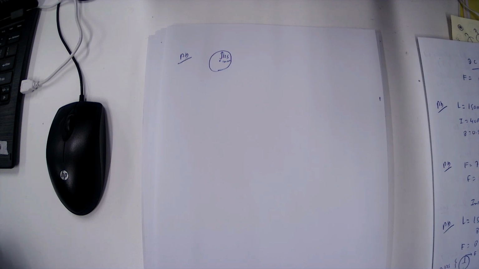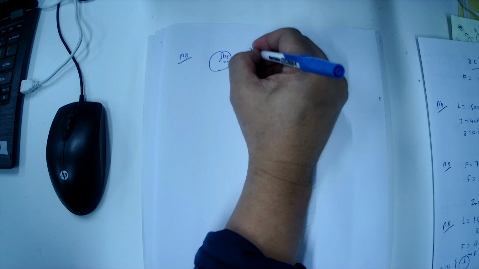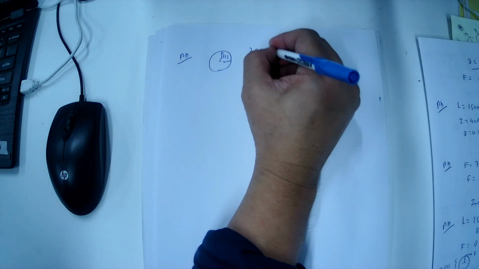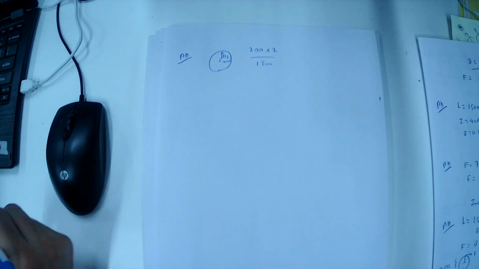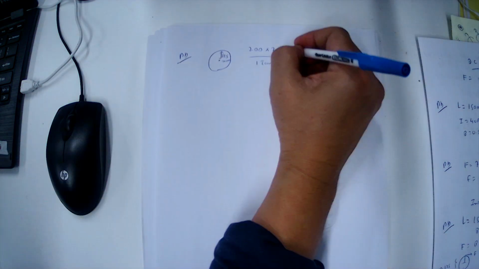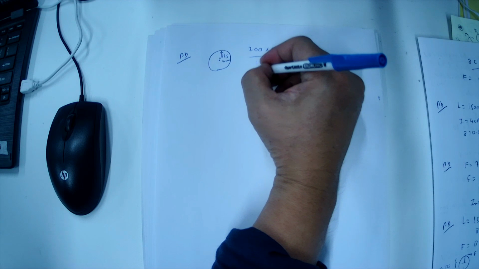So for one coil, every one turn is 200 millimeter multiplied by 2. This is one turn, and there are 100 turns. This is for one coil.